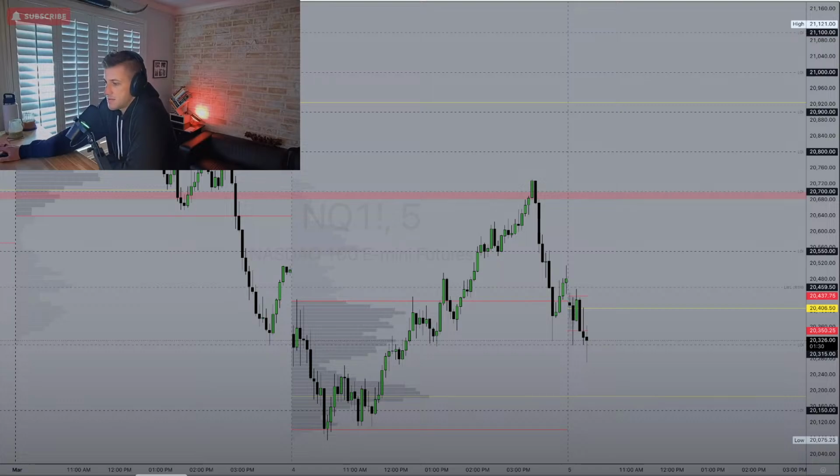NQ, we're back into that 315 area. See how this 5-minute closes. Personally waiting for 10 before putting on any more risk. We had a pretty nice trade to start the morning.